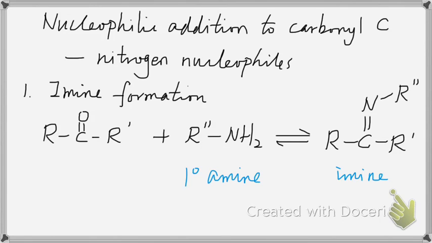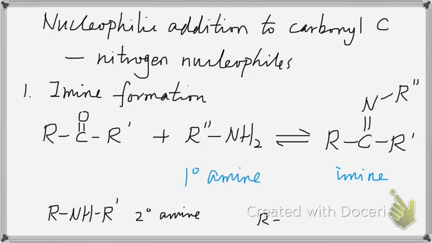This is different from classification of alkyl halides or alcohols. For alkyl halides or alcohols, you are going to look at the carbon where the OH or the halogen is attached and see how many carbons are attached to that carbon. But here, you don't look at the carbon, you look at the nitrogen.